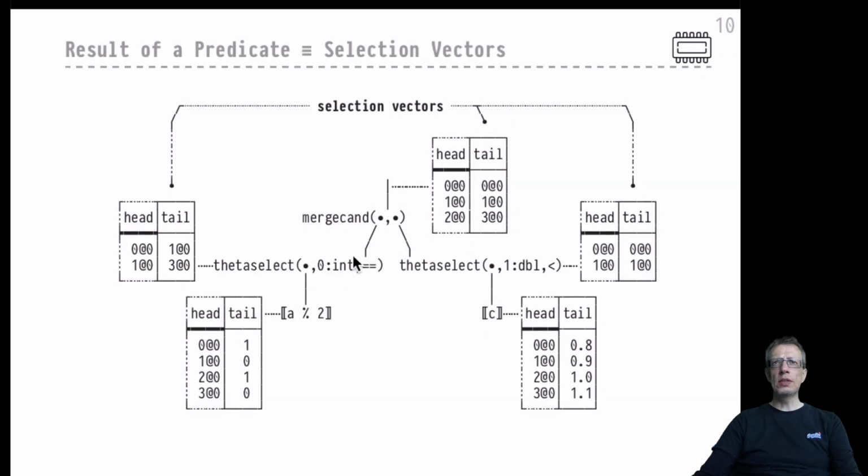This is the task of the merge candidate operation, which would read these two selection vectors and produce a merged selection vector in which all the qualifying OIDs are collected. Of course, the OID 0 is only occurring once here, so there is some duplicate elimination going on. This is really a merge operation that has been performed. This would be the final outcome of our disjunction.